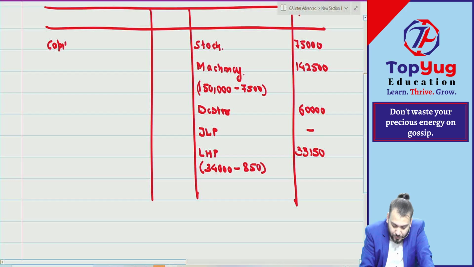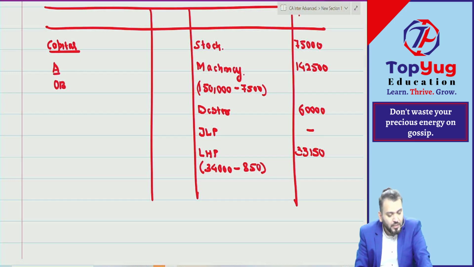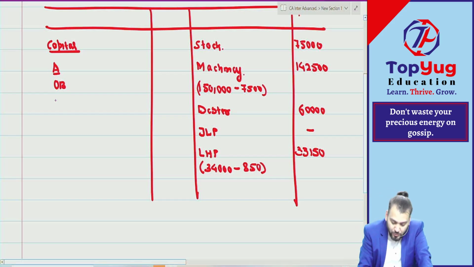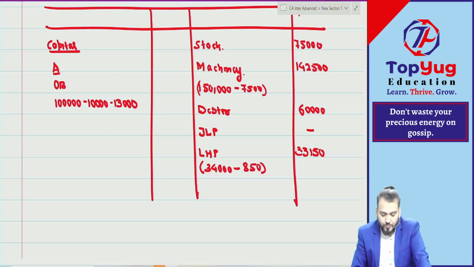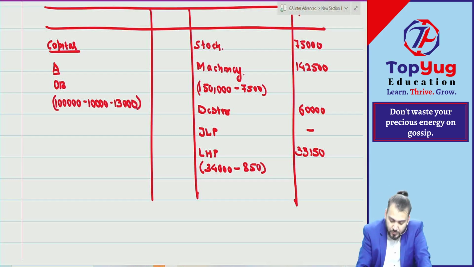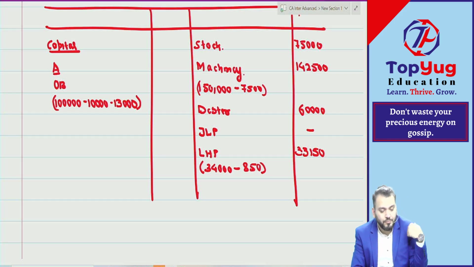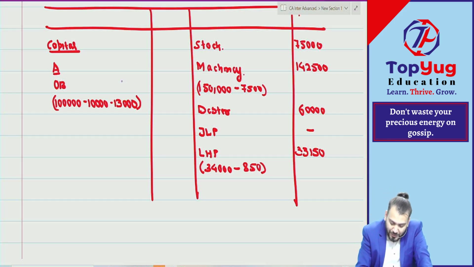So capital account of A: what will be the opening balance? Opening balance will be 1,40,000 minus 10,000 minus 13,000. So it will be 1 lakh minus 10 minus 13, which is 77,000.